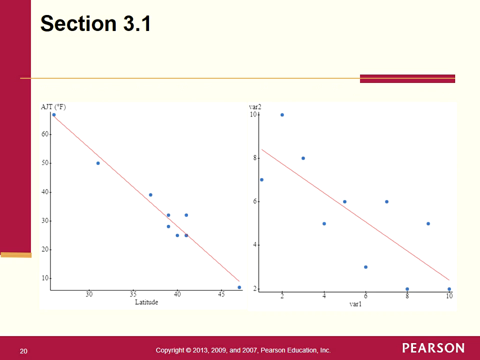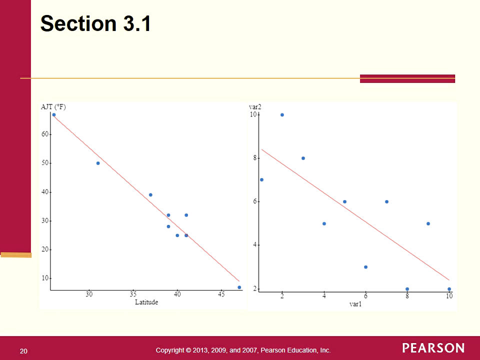Let me give you an example. Notice we have two negative relationships here, but clearly they're different from one another. I have a question for you: which one do you think is the stronger relationship, the one on the left or the one on the right? Hopefully you say the one on the left. Why?